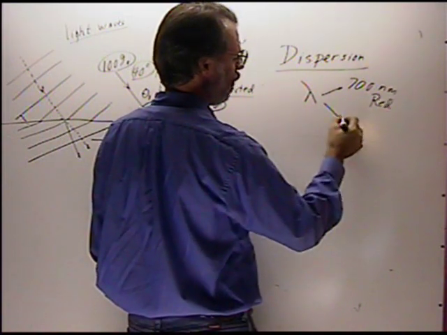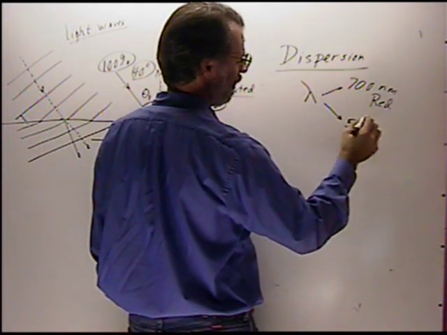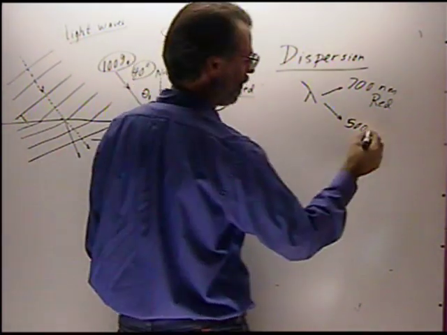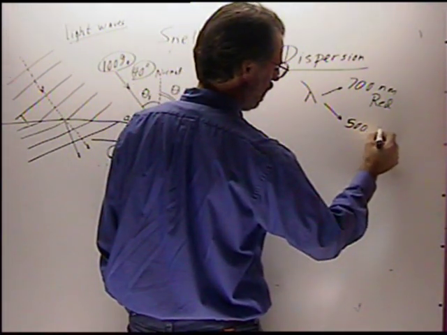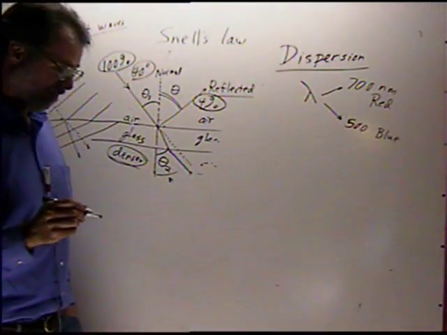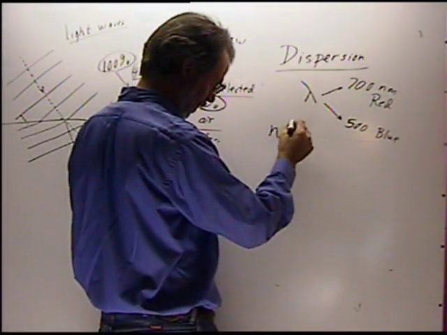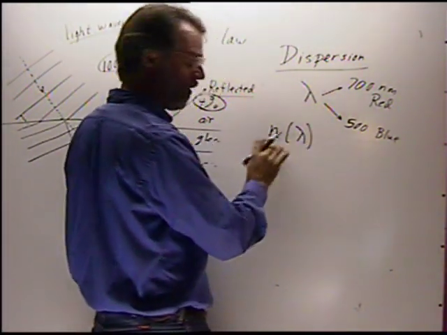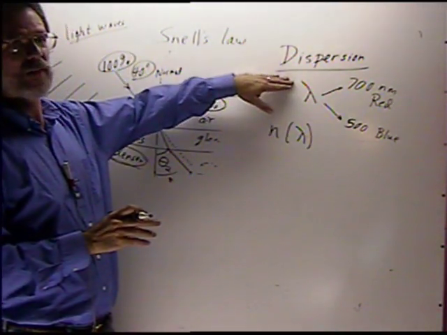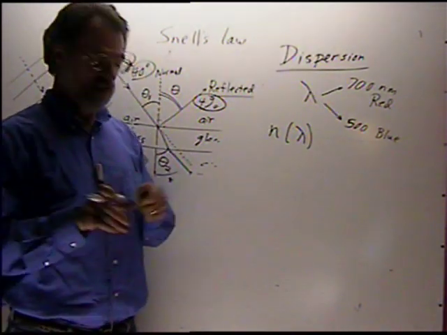If the wavelength is of the order of 500 nanometers, we're in the blue region. It turns out that the index of refraction is a function of the wavelength, and this is really what we mean by dispersion.